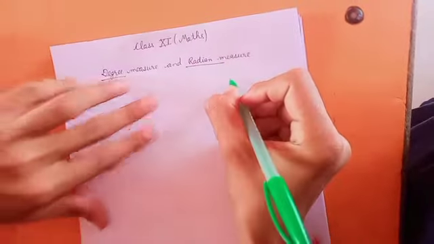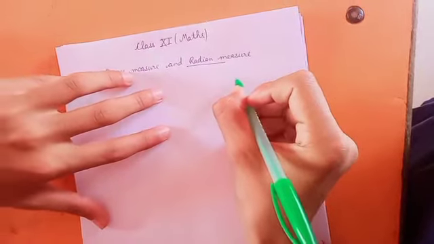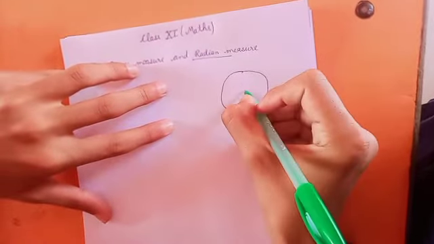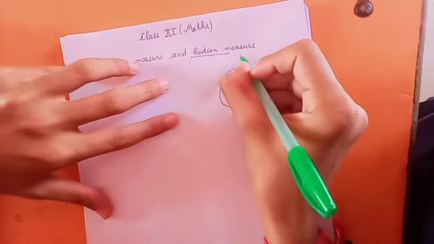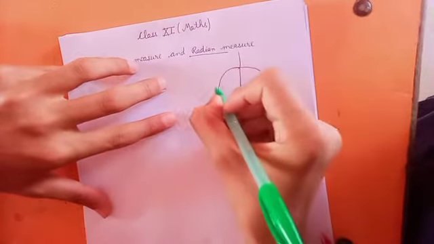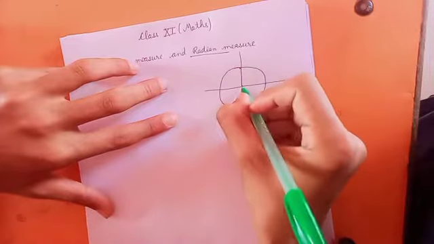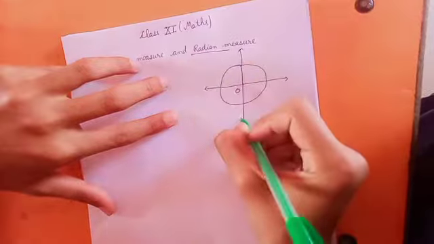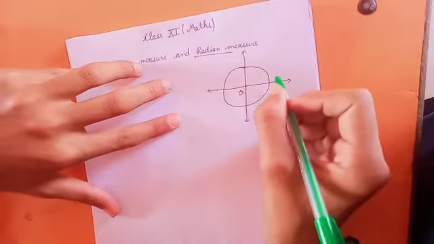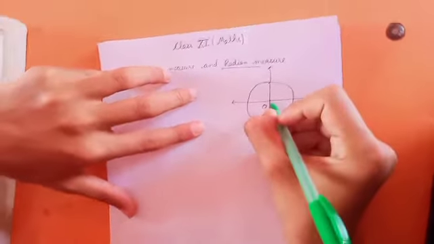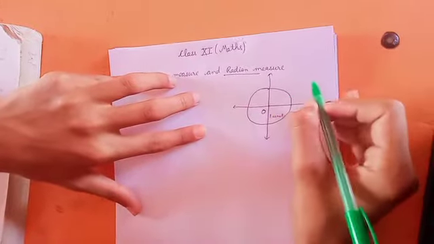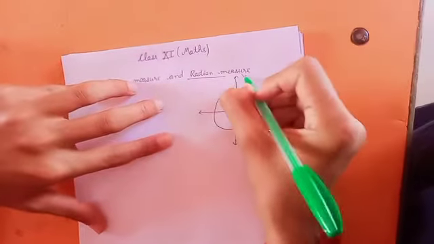So first of all, let me construct a unit circle. Unit circle means its radius is 1 unit, and let us assume that its center O is at the origin. So it is our x-axis, it is our y-axis.